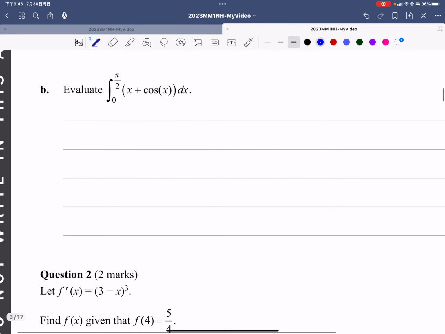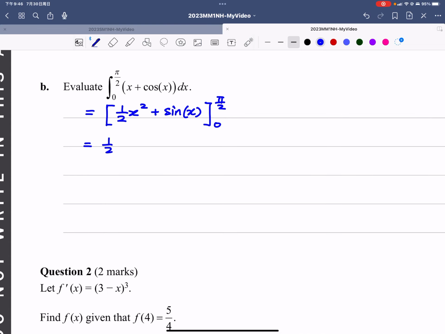Next, evaluate the integral from 0 to half pi of x plus cosine x dx. So we find the antiderivative first, which is half x squared. Remember, you are anti-differentiating. Anti-differentiating cosine gives you sine x, from 0 to half pi.